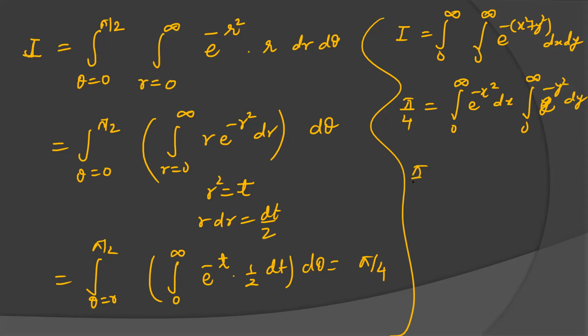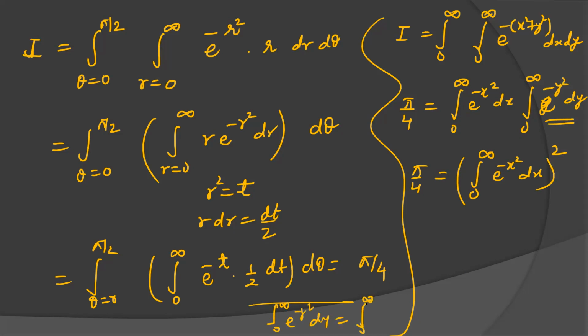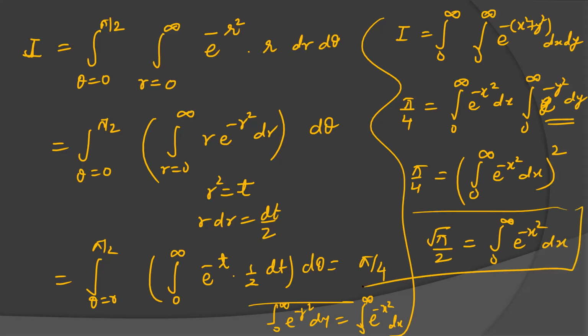Using the first property of integration, a to b of f(x) dx equals a to b of f(y) dy, both integrations are the same, so we can write the whole square, because the integral from 0 to infinity of e to the power minus y square dy equals the integral from 0 to infinity of e to the power minus x square dx. If you take the square root on both sides, under root pi by 2 equals the integral from 0 to infinity of e to the power minus x square dx. So this is the completion of the problem.